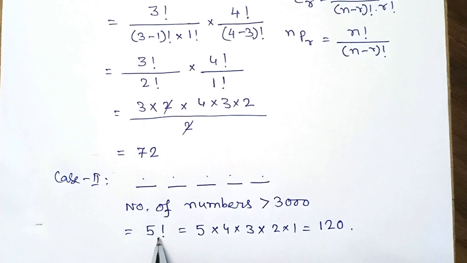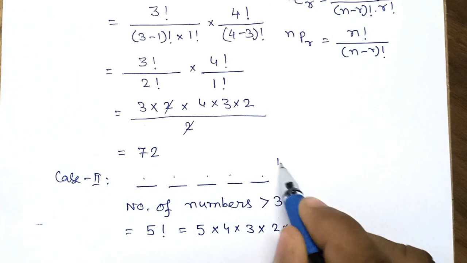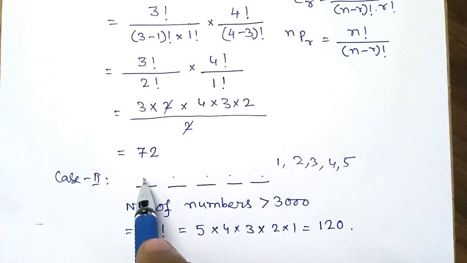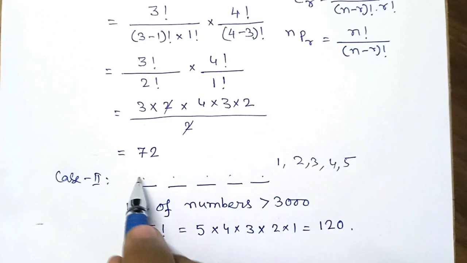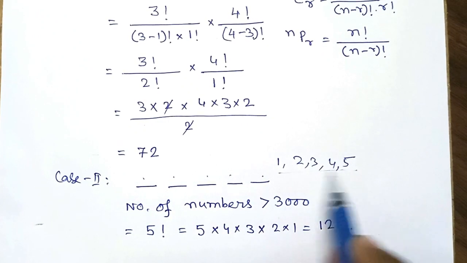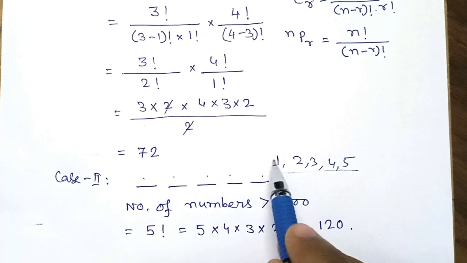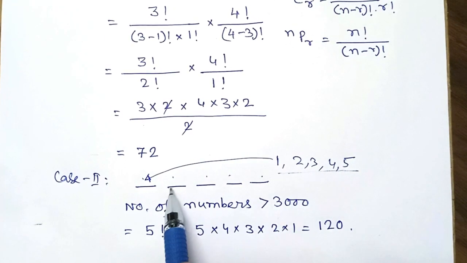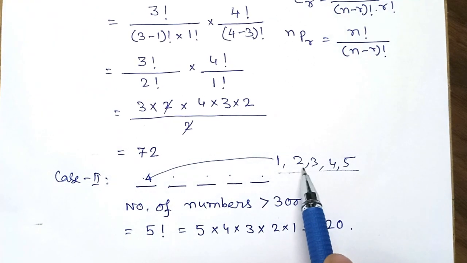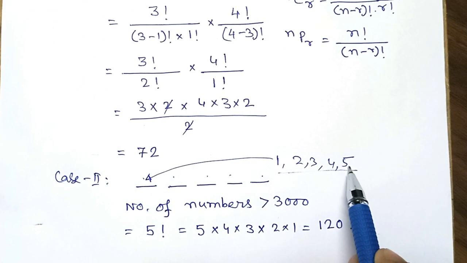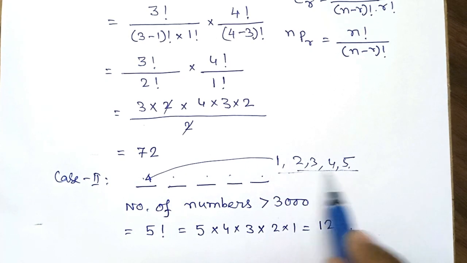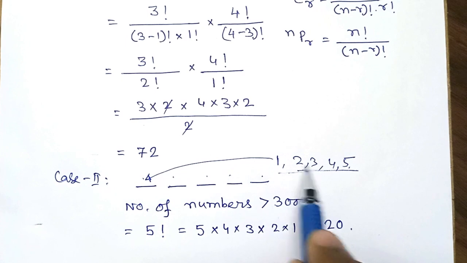Now, why is it 5 factorial? Let me explain. Say we have 5 digits, 1, 2, 3, 4, 5. We fix the first digit with any one of these 5 numbers. If we fix 1 here, we then have 4 blank spaces and 4 different digits, so we can fill the second blank space in 4 different ways.